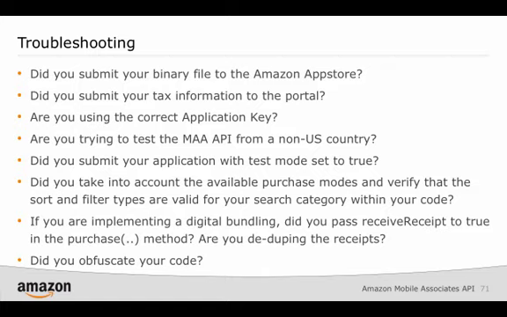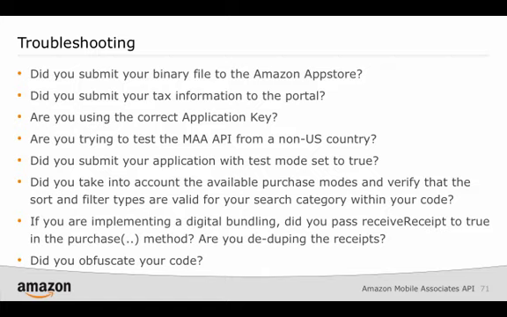Did you take into account the available purchase modes and verify that the sort and filter types are valid for your search categories within your code? Not all purchase modes and search functionality are available on all devices and distribution mechanisms, as shown in an earlier summary chart. If you're implementing a digital bundle, did you set the receive receipt parameter to true in the purchase method?